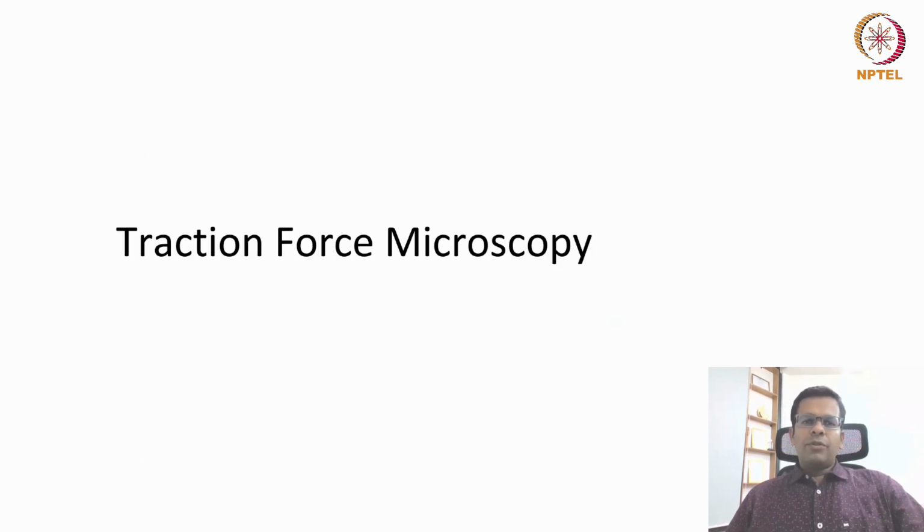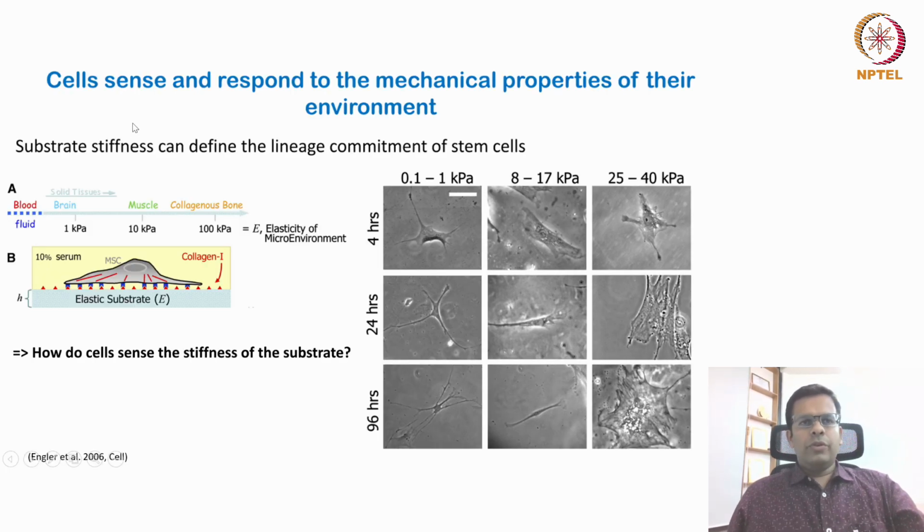So let us move on to the second type of microscopy technique, which is known as traction force microscopy. As you know, cells sense and respond to the mechanical properties of their environment. Okay, so the substrate stiffness can define the lineage commitment of the stem cells. And you can see there are different tissues mentioned here, and different tissues have different kinds of stiffness.